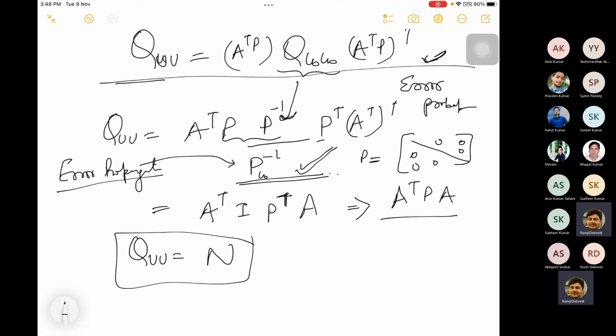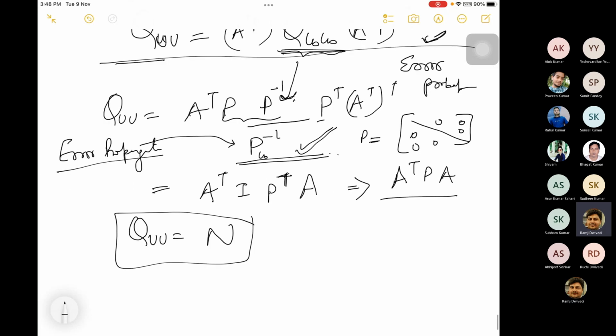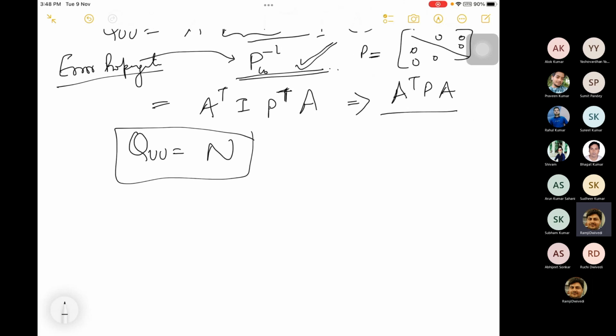There I have explained that if you know the weights, you can get the answer for QLBLB by taking the inverse of it. Okay. Now the QUU is N. Okay. XA is equal to N inverse U, isn't it?